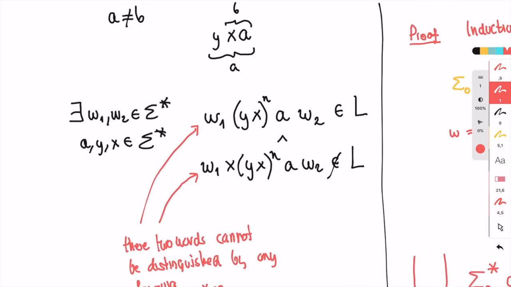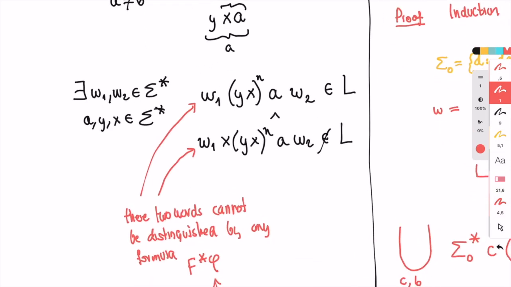And roughly speaking, the idea is that if you run such a formula on one of these two words, then because of this initial finally star, it's going to jump to some place, maybe here. But then there would be an equivalent jump here.